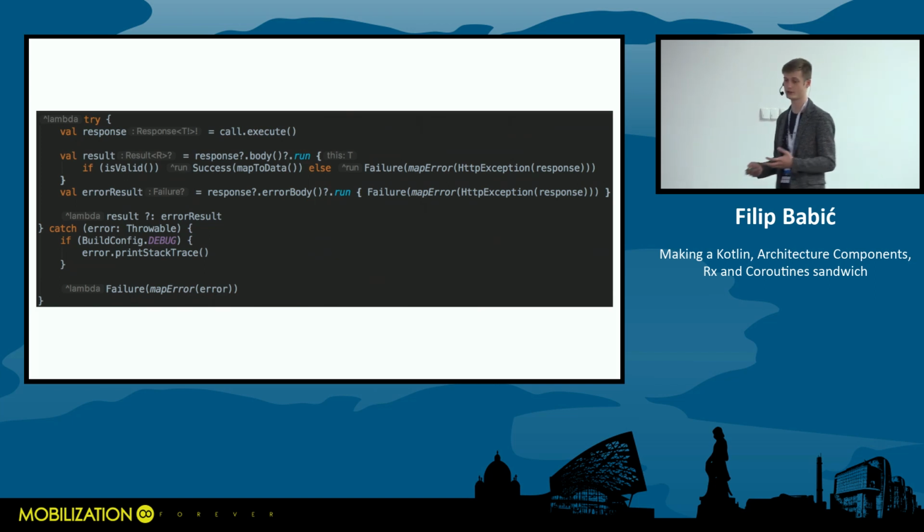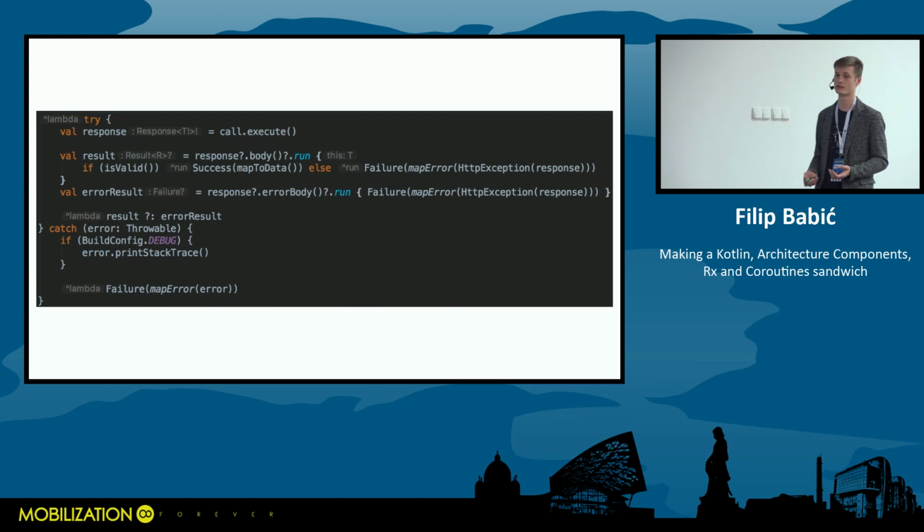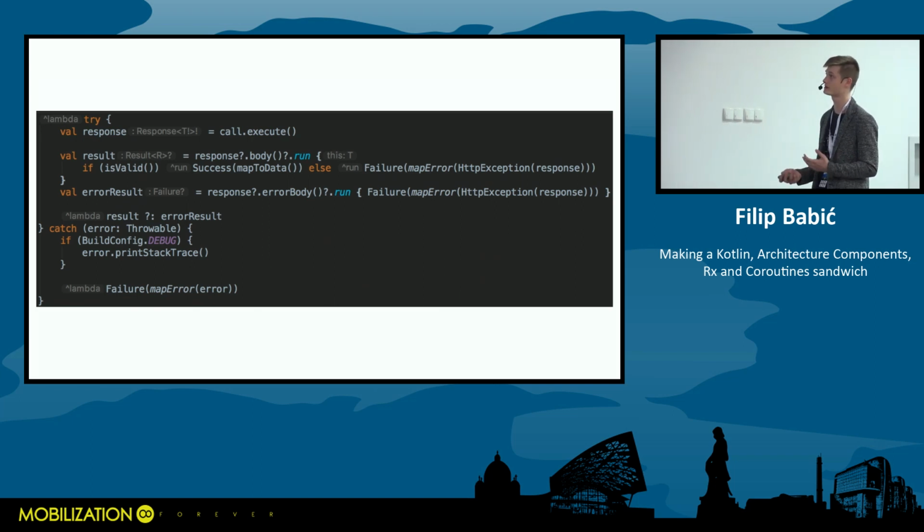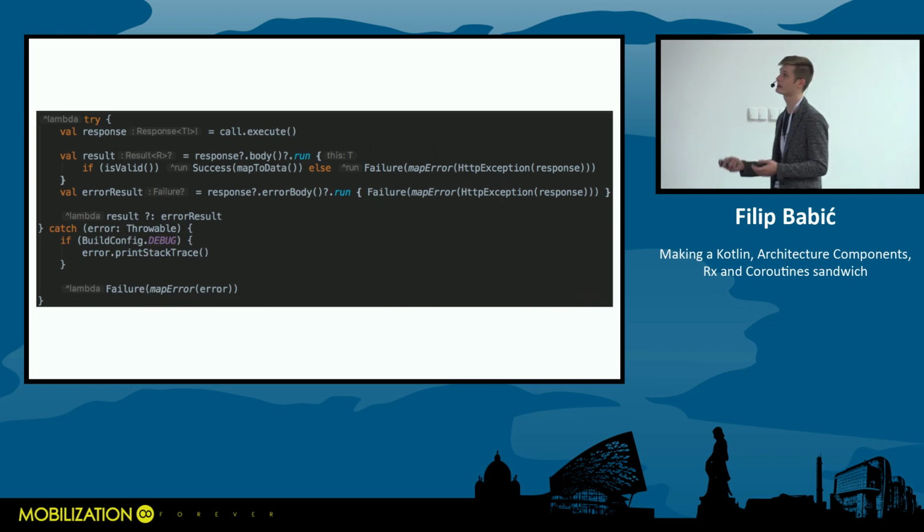We're not using enqueue because coroutines can work in the background by default, while we use another background mechanism, so you can just call execute. Then you check the body of the response, and if it's valid, this is an API user or a user response, which is mappable, so we can check if it's valid. If it is valid, we map it to a success case. Otherwise, we map it to a failure case.